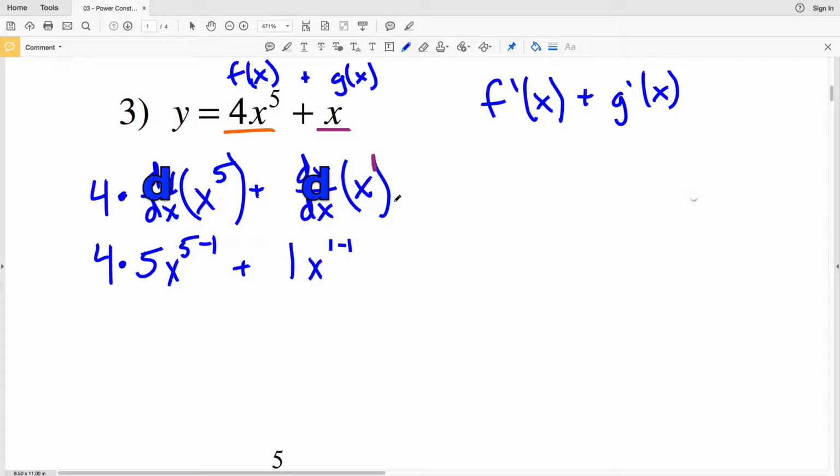So using the power rule for that, bringing down that exponent value of 1, and then decreasing it by 1, we'll have 4 times 5, which is 20, times x to the 5 minus 1, which is x to the 4th, plus 1 times x to the 1 minus 1, which is 1 times x to the 0, and x to the 0 is 1. So multiplying 1 by 1 will give us 1. So our derivative of y with respect to x is equal to 20x to the 4th plus 1 in number 3.